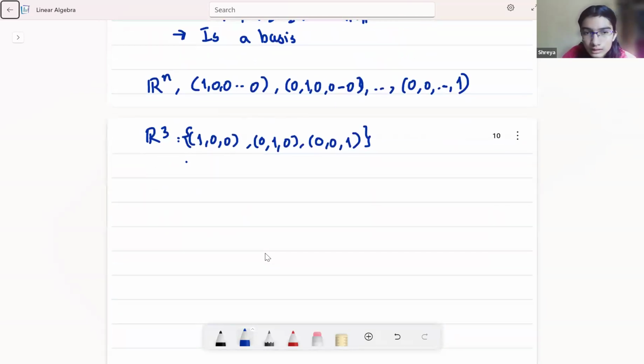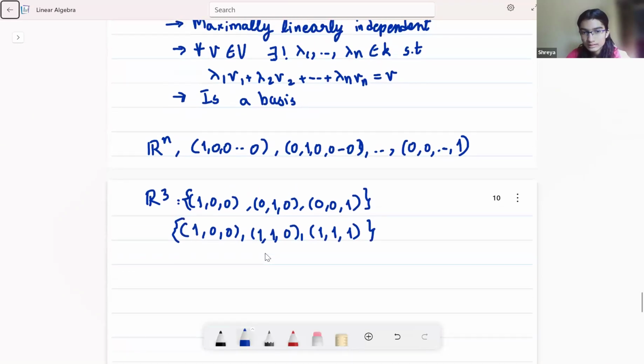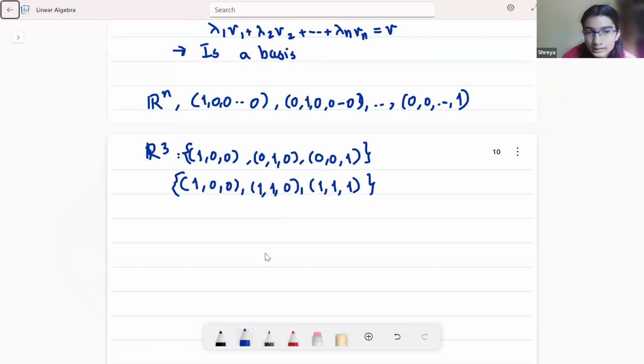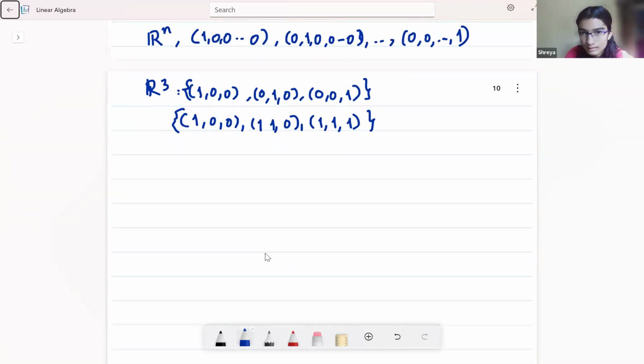But you can also have other things, like (1, 0, 0), (1, 1, 0), (1, 1, 1). This, for instance, is also a basis of R cubed. So you can have anything in general, as long as... there's another thing I was going to prove: if it's linearly independent and has cardinality 3, in this case, then it's a basis.